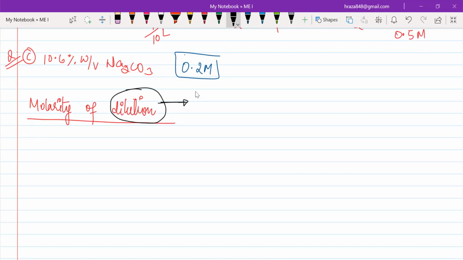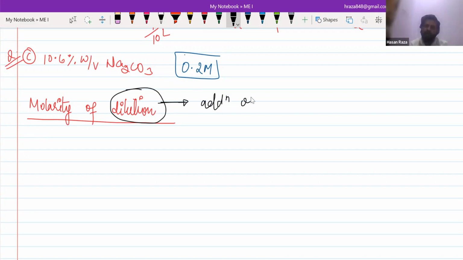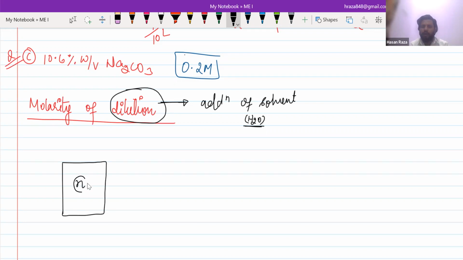Dilution is basically the addition of solvent, and in our day-to-day life, as a solvent, we generally use water. So addition of water or addition of solvent, we can call it dilution. See, there is a container in which the number of moles of solute is n. The molarity of this container is M1, and the volume of this solution in the container is V1.